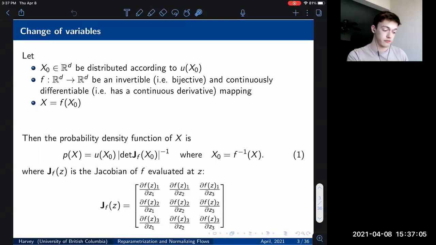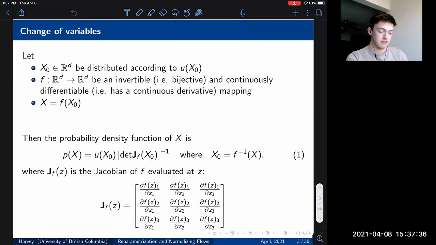First, let's just go over what the Jacobian is. The Jacobian is a generalization of the derivative to higher dimensions. It's basically a matrix where in row i and column j we have the derivative of the ith dimension of the output with respect to the jth dimension of the input, and we have that for every row and column.